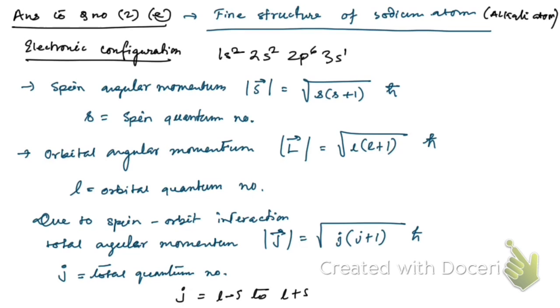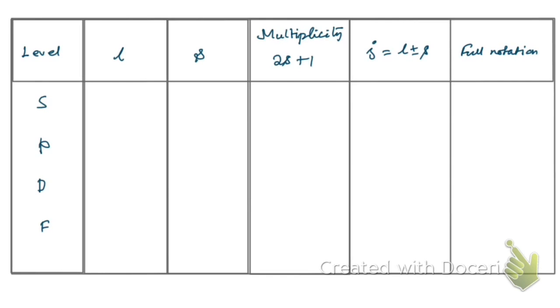So let me go to the next slide. So before we discuss the fine structure, we must know that for S orbital, the value of the orbital quantum number L is 0 and spin quantum number is half, and multiplicity, if you put the value of S here, that's gonna give 2, right? If you put here half, then 2 to cancel, 1 plus 1, that's gonna be 2.